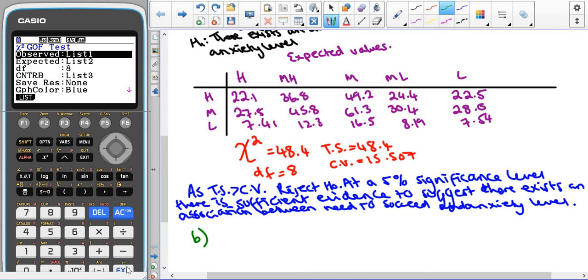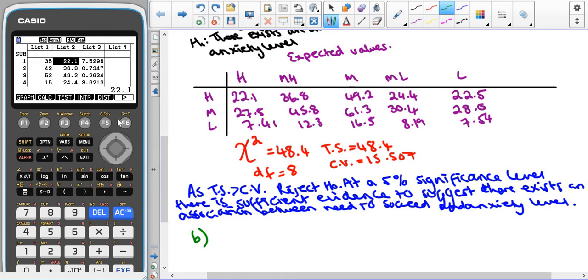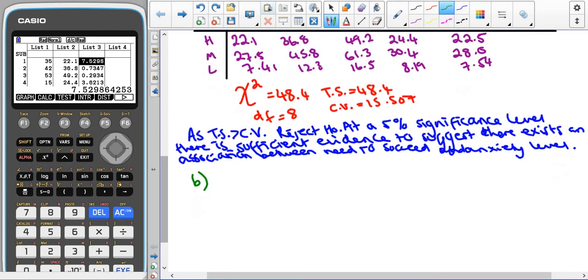So when we click exit, this chi-squared value here should be roughly the same as the chi-squared value as we had already. And you can see here, 48 point, that would round to 4, 48.4, and that's 4 there. Okay, so I have entered it in correctly. When I click exit twice now, these values here are my contributions.